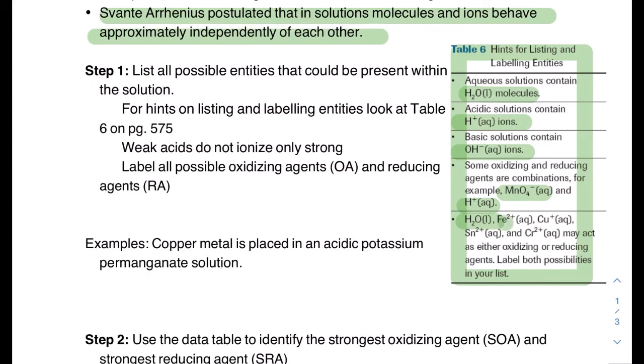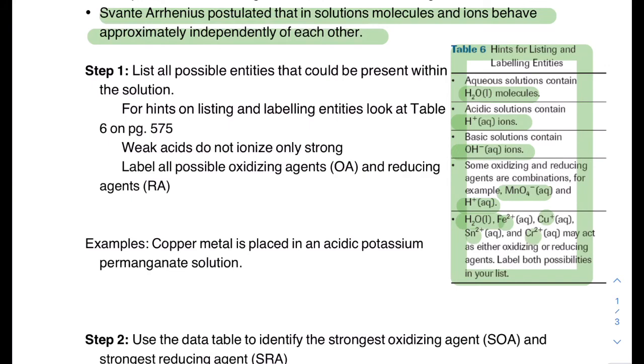You'll find Fe2+ on the left side, producing Fe solid. You'll also find Fe2+ on the right side, producing Fe3+ on the left side of the equation. So Fe2+ can act as oxidizing and reducing. Same with your copper 1 ion, your tin 2 ion, and your chromium 2 ion.